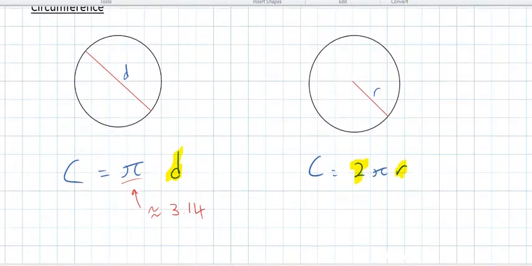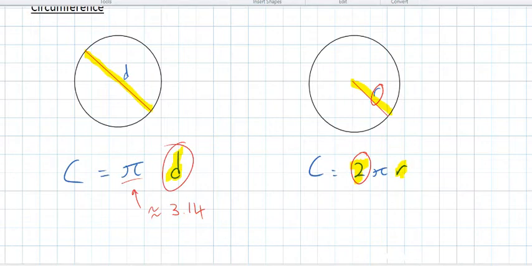And this makes sense to us because, as we can see, the diameter crosses the circle, and that is twice the length of r. So for the equations to be the same and giving us the same circumference, the radius here needs to be multiplied by 2 to make it the same as the diameter.